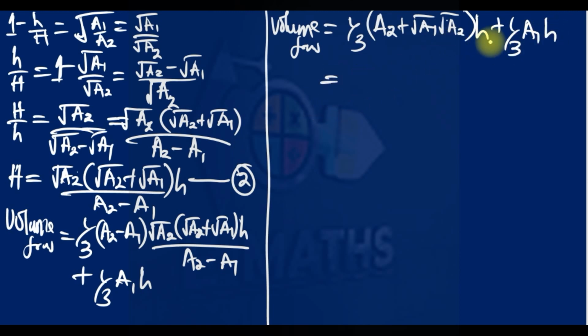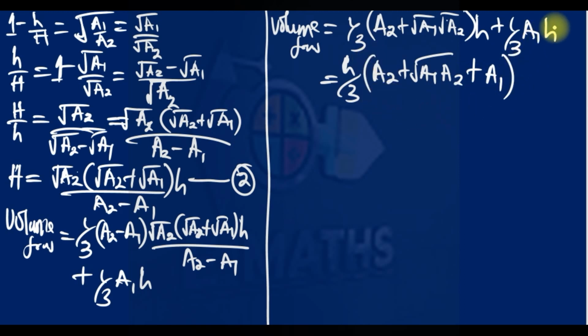And you can see that the common term here is 1 over 3h. So if we factor 1 over 3 here, we have h over 3 now, and we are left with a2 plus, we can write this as a1 times a2 plus a1.